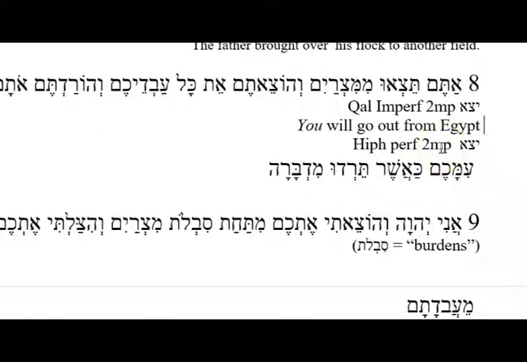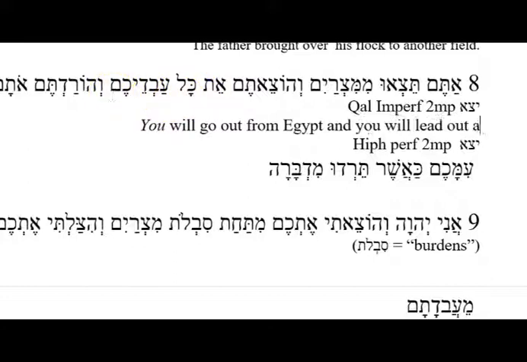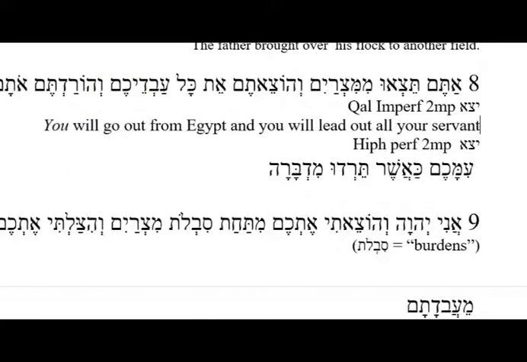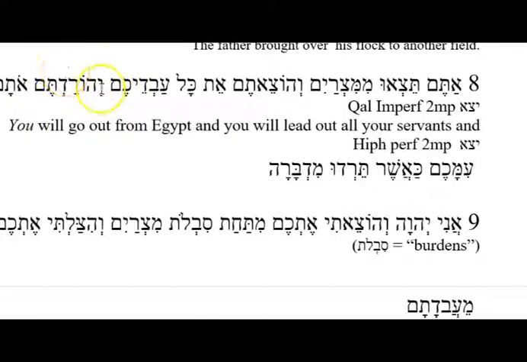You will go out from Egypt, and you will, because we have a vav consecutive plus the perfect, you will lead out or bring out what? Here's the direct object marker. Kol avdechem, so all your servants. And let's look at our next verb.